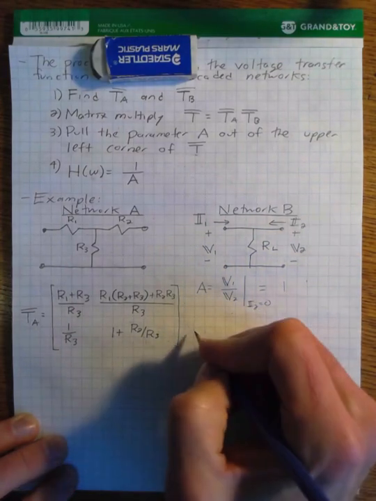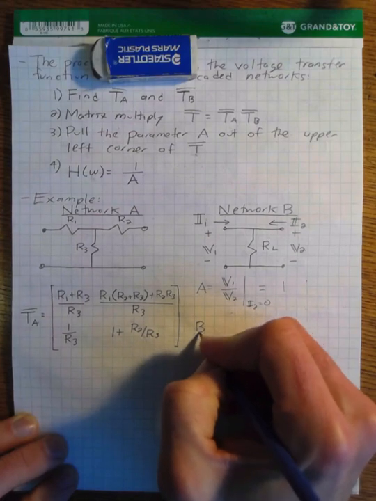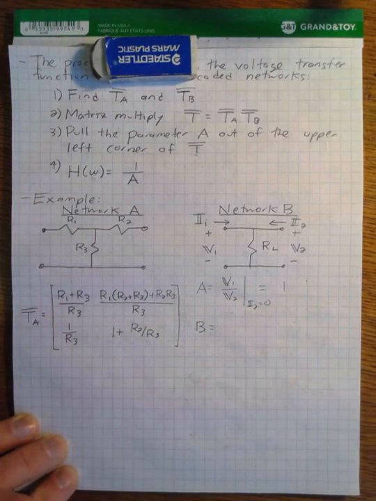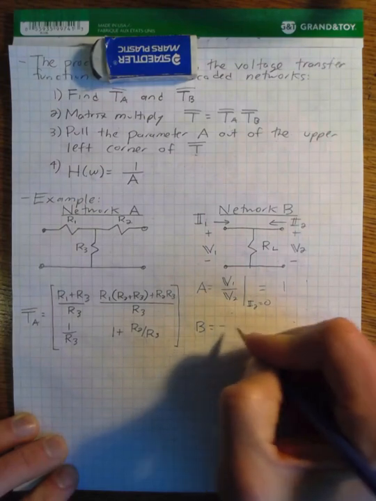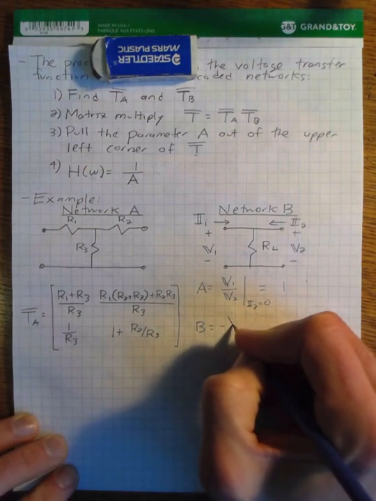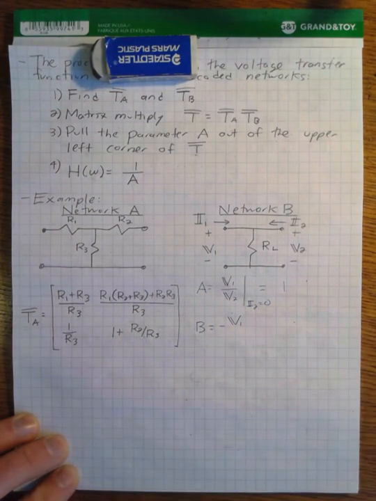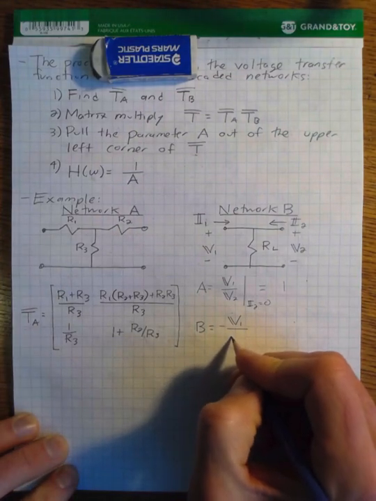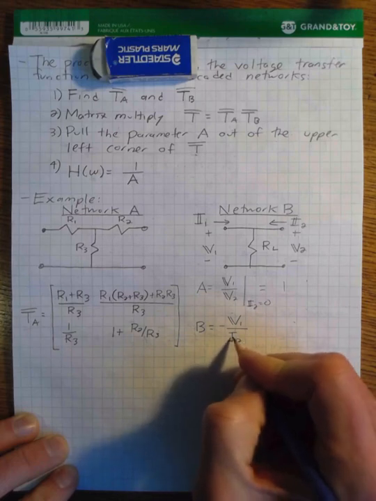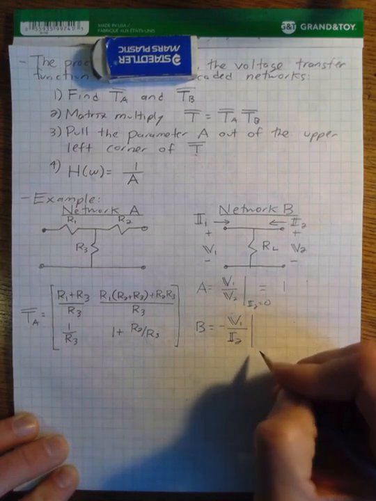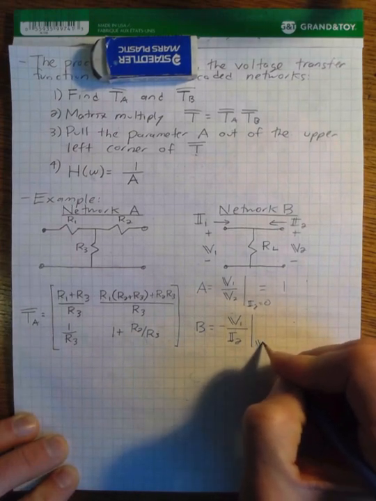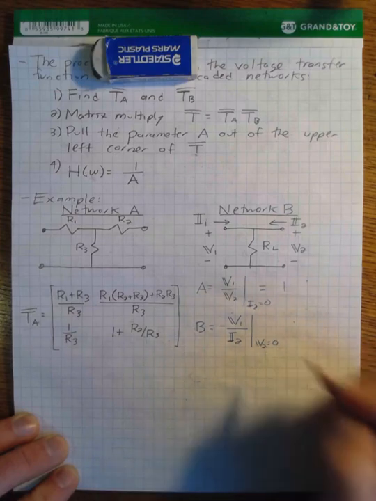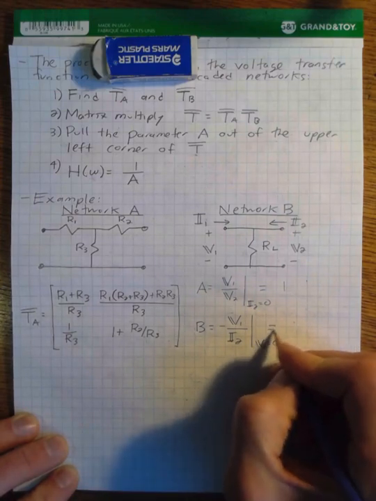B is defined as the voltage V1 divided by I2, given that port 2 is short-circuited.